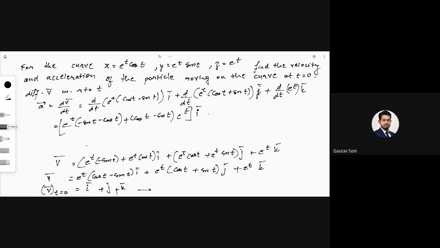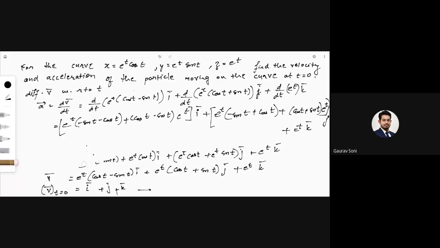Please check the calculations. Plus e to the power t as it is, in bracket the derivative of cos t plus sin t, that will be minus sin t plus cos t, plus (cos t plus sin t) e to the power t. This is the coefficient for j, plus the derivative of e to the power t is e to the power t, k.